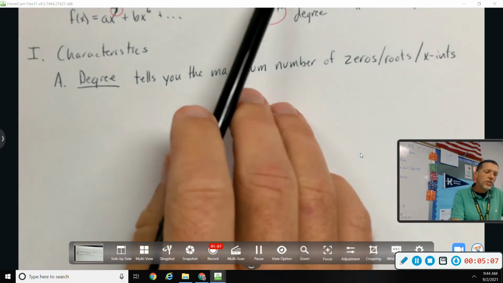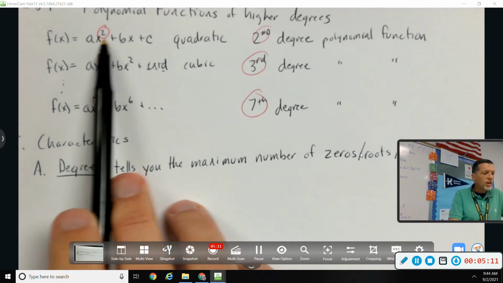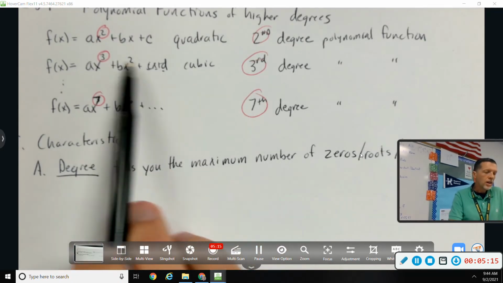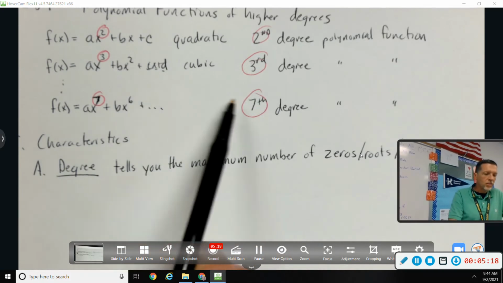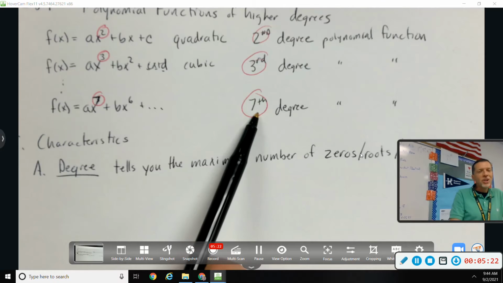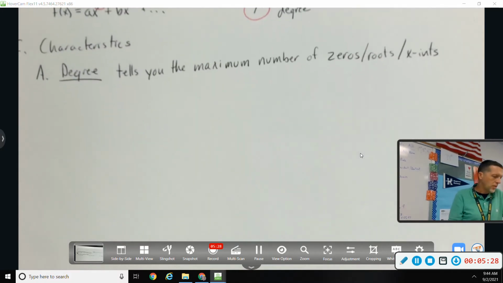This matches with what we talked about Tuesday. The quadratic has at most 2 answers. A cubic would have at most 3 answers. A septic would be a very long problem, but you would know that there was at most 7 zeros, 7 roots, 7 x-intercepts.